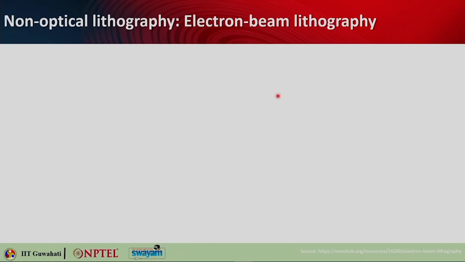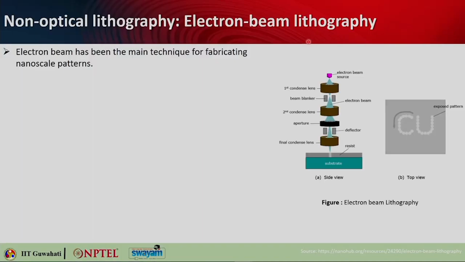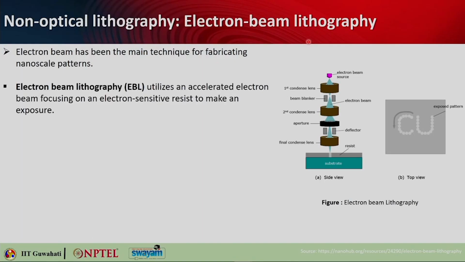Now, let us look into the other type of lithography, which is non-optical lithography. The first thing that will come to your mind will be, instead of using photons, can we use an electron beam? That technique is called electron beam lithography. Electron beam has been the main technique for fabricating nanoscale patterns. Electron beam lithography utilizes an accelerated electron beam focusing on an electron sensitive resist.